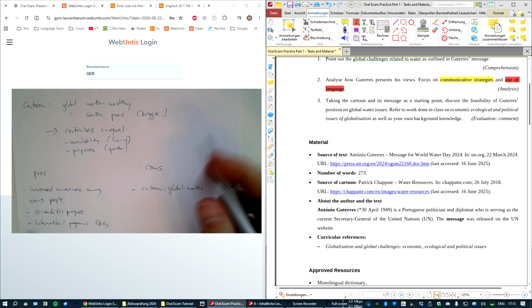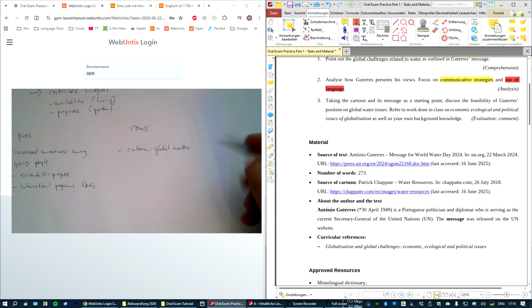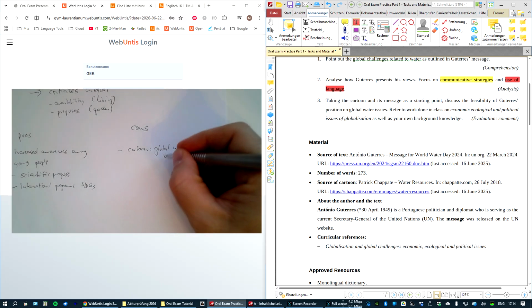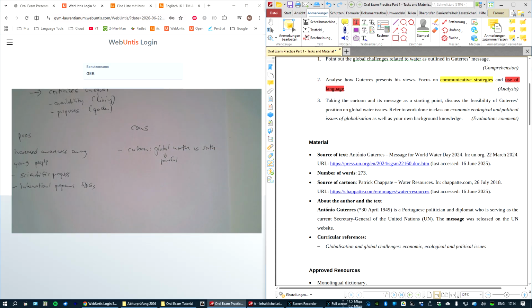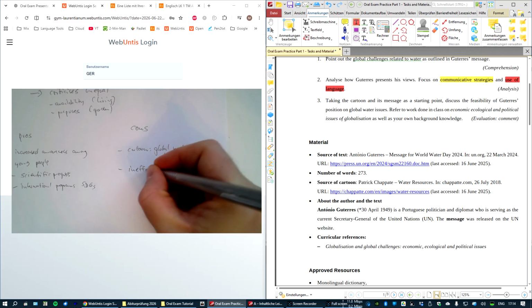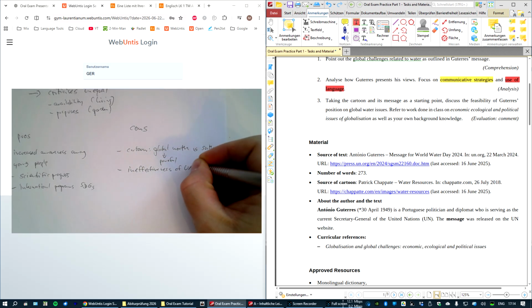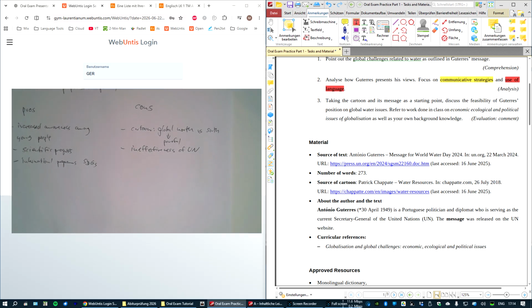For cons, we've got the cartoon. Global North versus South, and it's much more powerful, obviously. Maybe ineffectiveness of the UN, that we had in class, that we talked about.